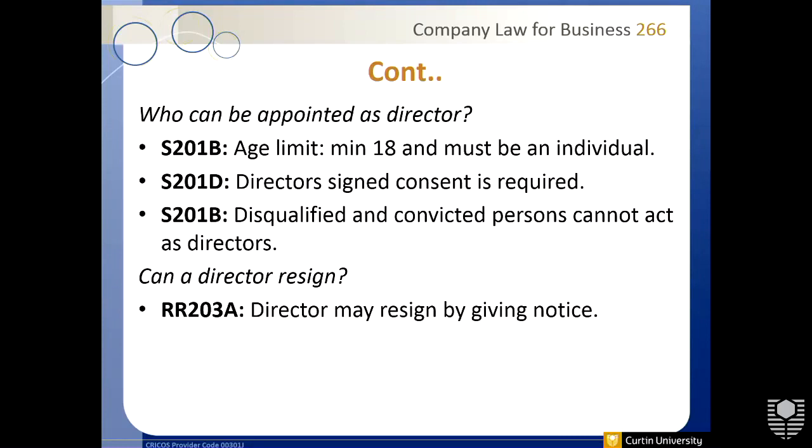Now, who can be appointed as director? Again, we've gone through this. A natural person above the age of 18, and they must have signed the consent form to act as a director. Where will this consent form then go? Which section relates to this?